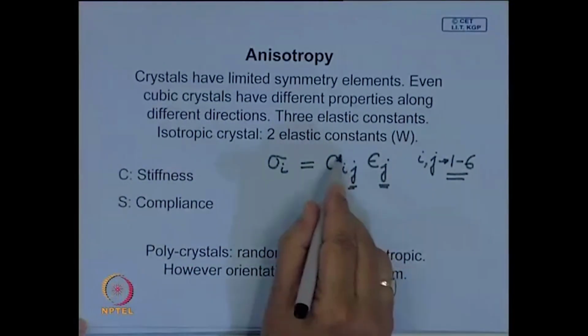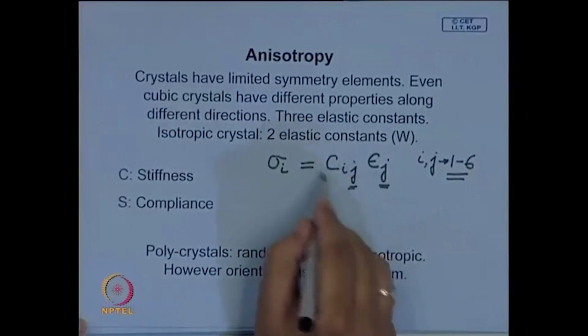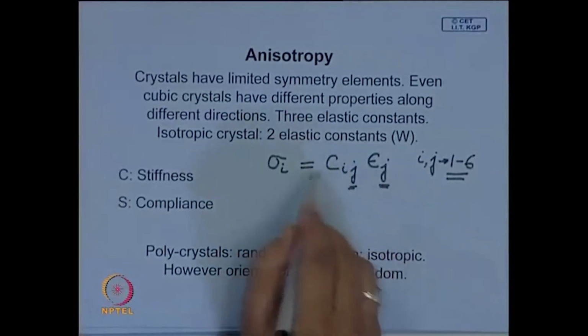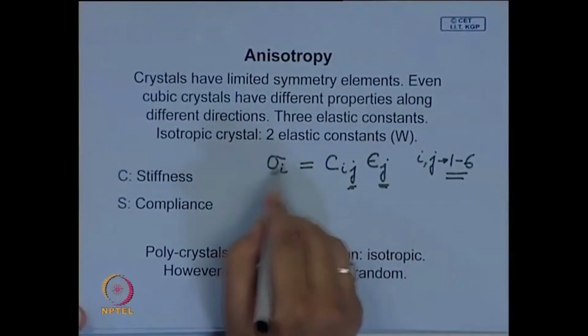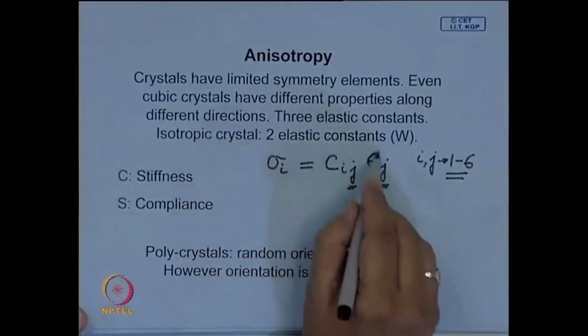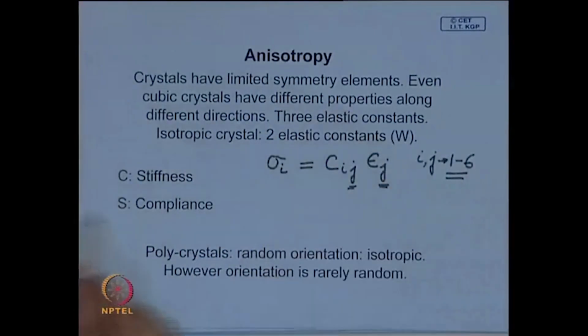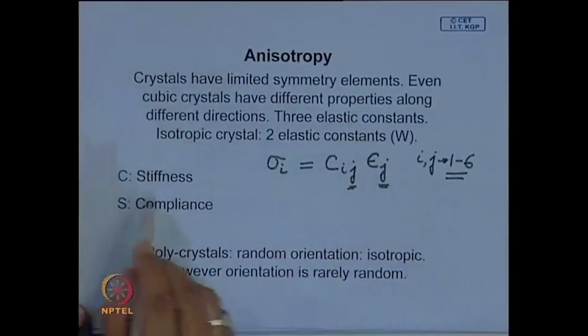So, you can imagine you have a large number of these constants, and there are certain symmetry rules which you can apply, like stress is a symmetric tensor. Similarly, strain also we can assume to be a symmetric tensor.